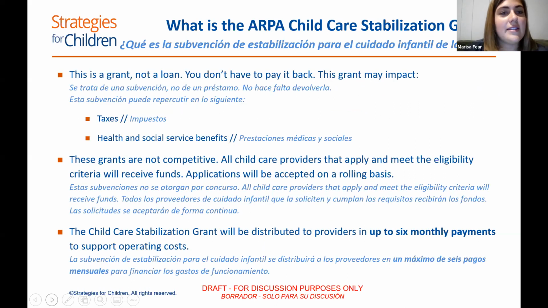It's important to know that this is a grant and not a loan, which means that you do not have to pay it back. This grant may impact your taxes or any health and social service benefits, and we know that providers have a lot of questions about some of those implications. And so we as advocates are working to connect you with the appropriate resources and networks that can answer some of those questions specific to you and to your program, because we wouldn't want to give you information that's inaccurate.